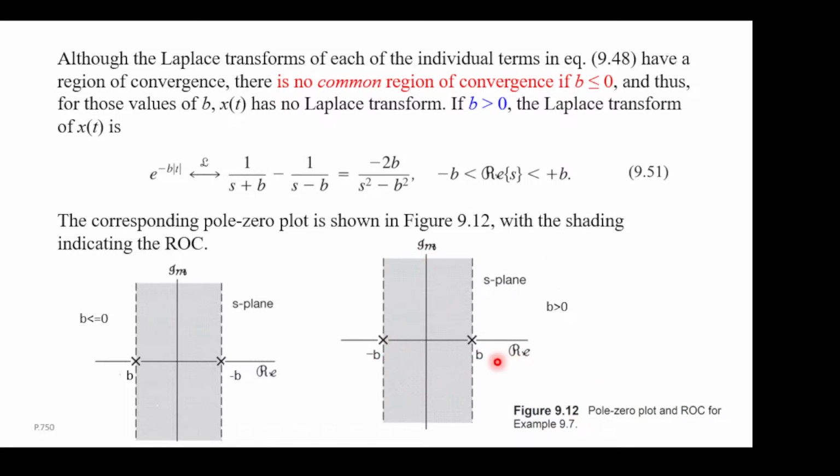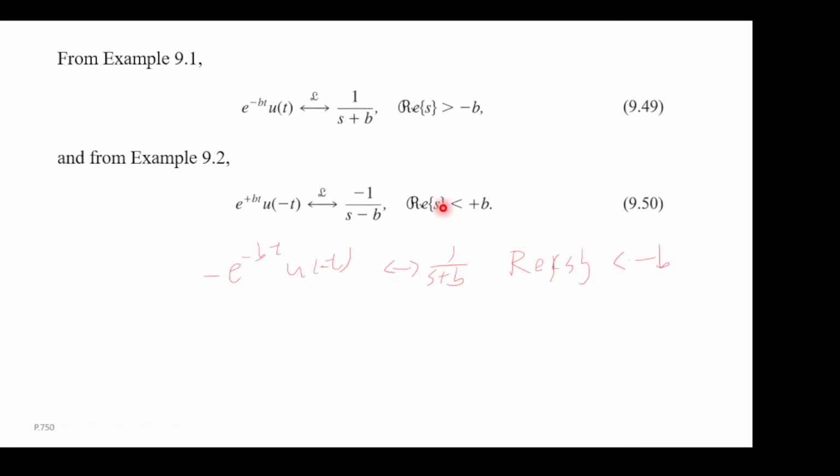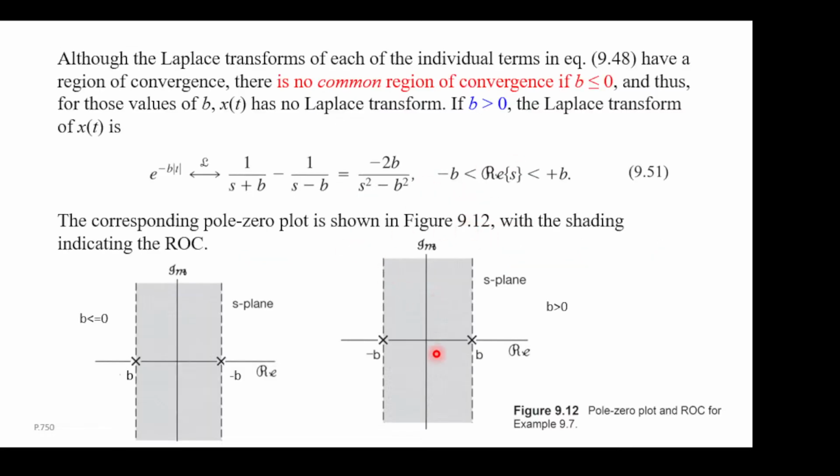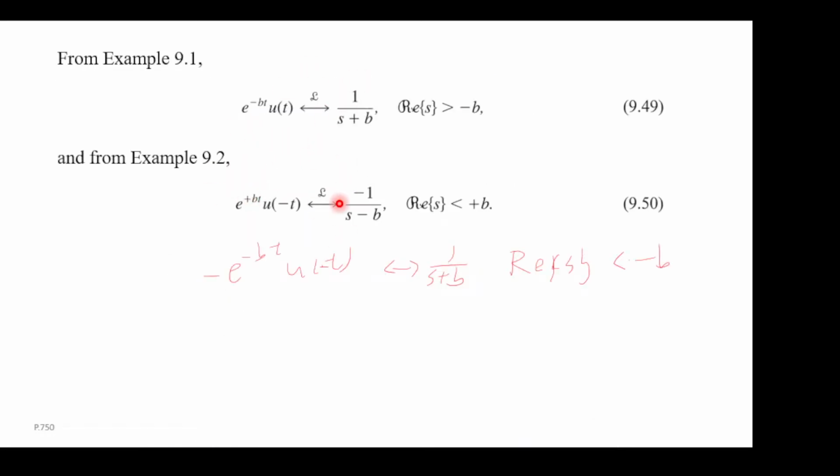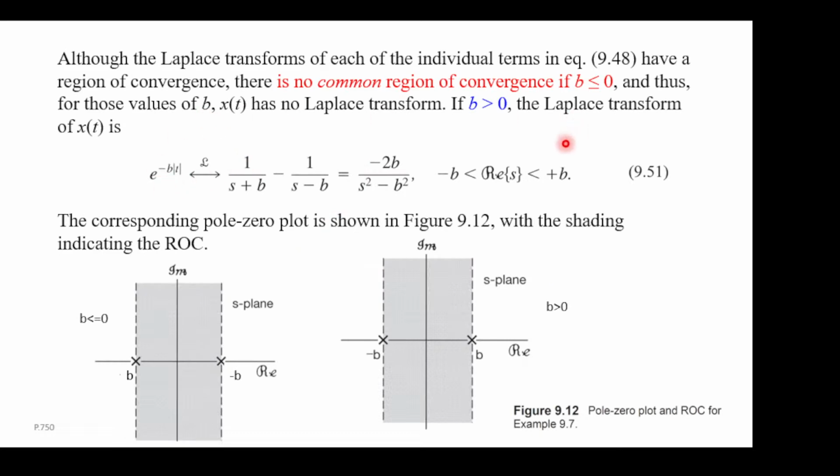The second one has Re(s) less than plus b, so on this part. The overlap is the middle, negative b to plus b. The algebraic part is just adding those two parts together. So for b bigger than 0, you have this nice Laplace transform of 1 over s plus b minus 1 over s minus b, with the ROC between negative b and positive b.